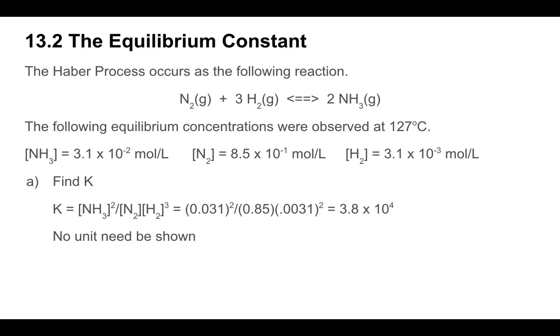In this case, it would be molarity to the minus 2 because you have molarity squared over molarity times molarity cubed, but we generally do not show the unit for the equilibrium constant. No unit need be shown. Maybe when you take higher level physical chemistry classes, you'll understand why we don't need a unit for this. But 3.8 times 10 to the 4th.